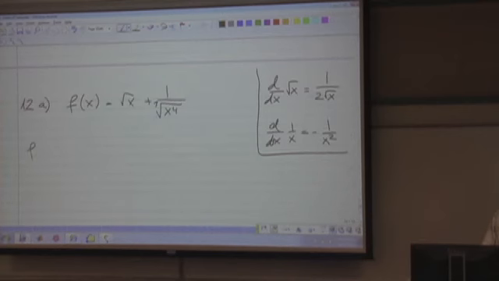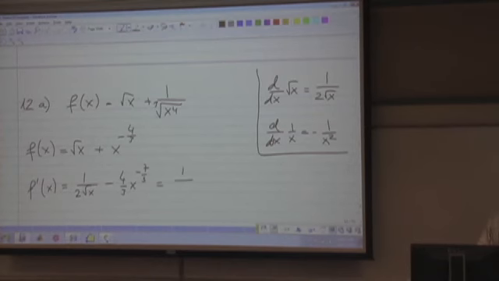Okay, so then f of x is the square root of x plus x to minus 4/3, right? So when I take the derivative now, I'll end up with 1 over 2 times the square root of x minus 4/3 x to negative 7/3.